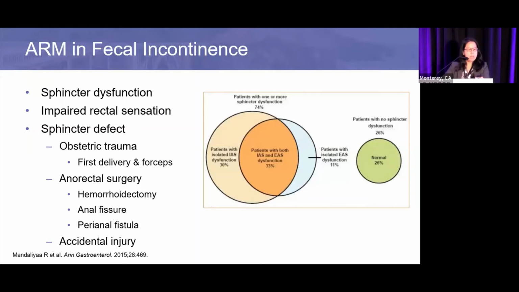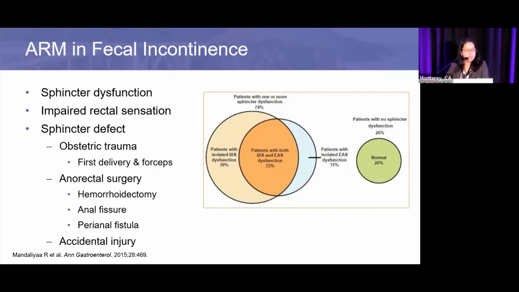Sphincter defect can be seen generally in first delivery, where those deliveries assisted with forceps are the highest risk. It's also associated with anorectal surgery, again, going down to hemorrhoidectomy. Let's not remove those hemorrhoids too quickly, people. Okay, we need that for continence.